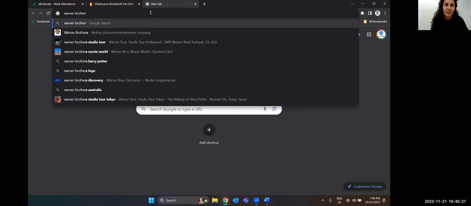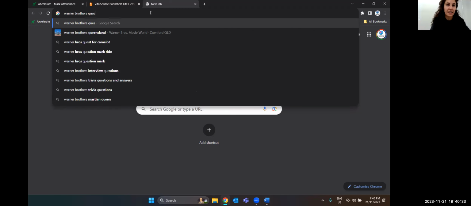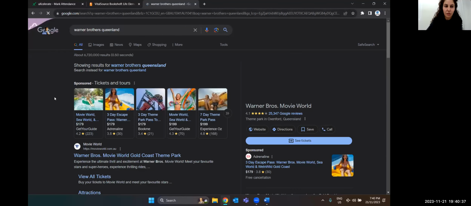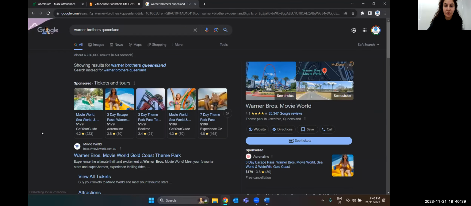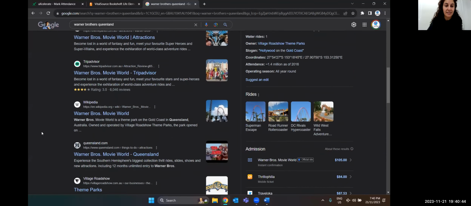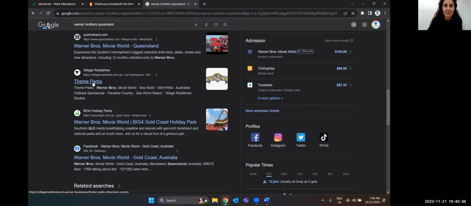So these are just called themed parks, you know, but that's in Queensland. Movie World, yeah, Movie World. These are places. So they're called theme parks.